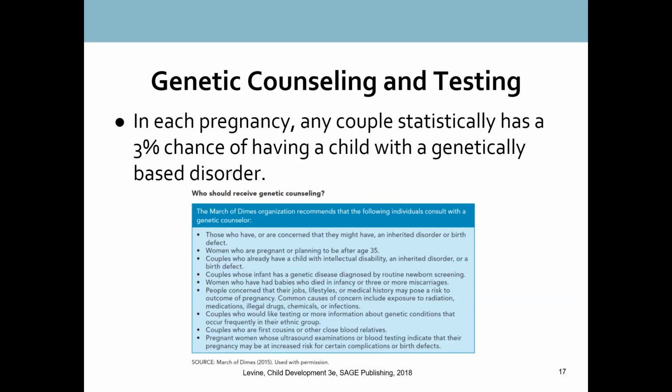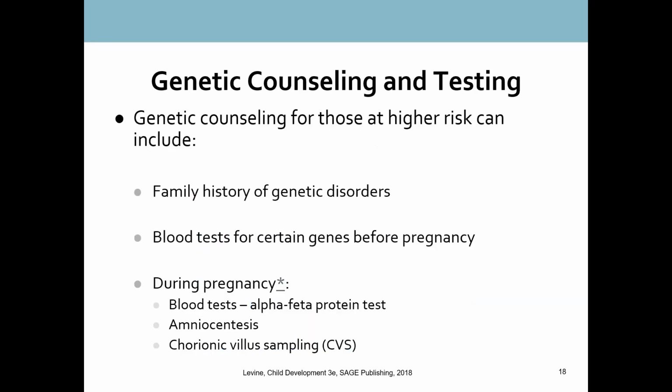Okay. Anyways, it's not standard procedure to get genetic counseling, but it is available for people that want it. And there are certain things that they can test for when you go in for genetic counseling. First of all, they're going to get a family history of genetic disorders from you. They will ask all sorts of questions about your ancestors and relatives to help determine your risk.